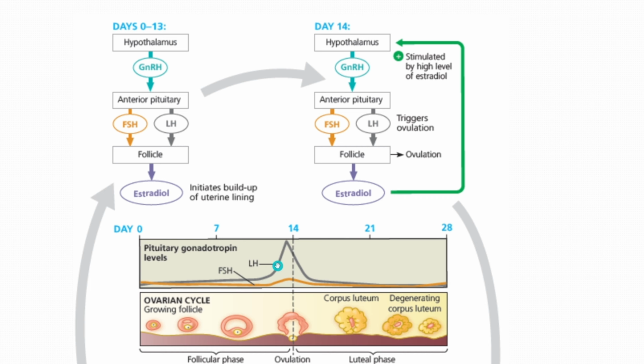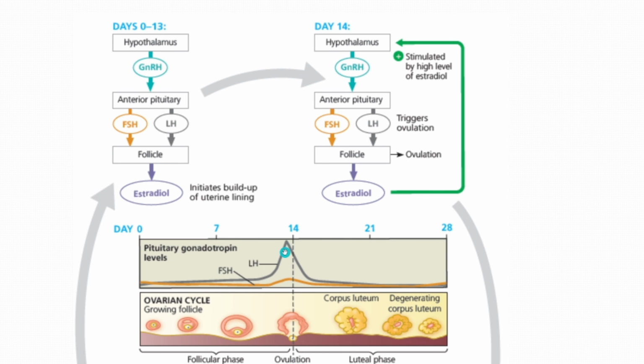So that's why you see during day 13, your FSH and LH rise steeply, especially LH. So normally at day 14, GnRH secretes more LH than FSH. LH is secreted in more amount.